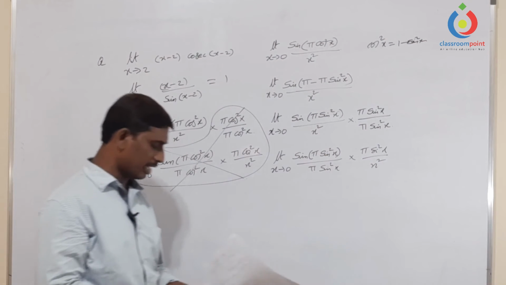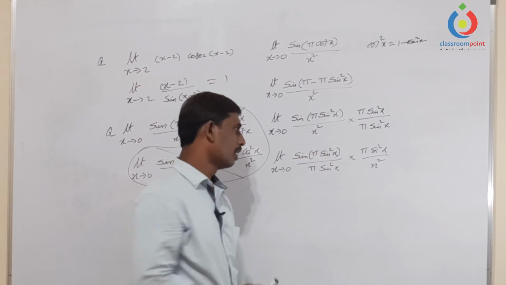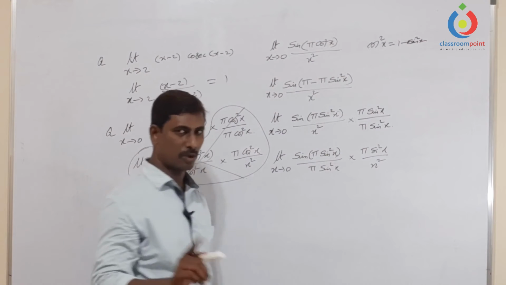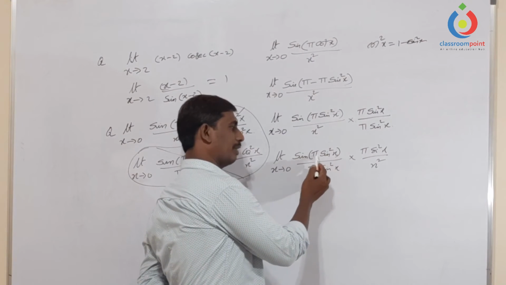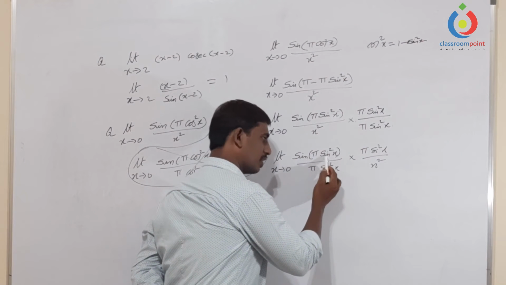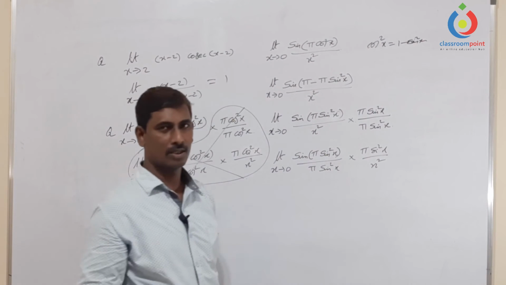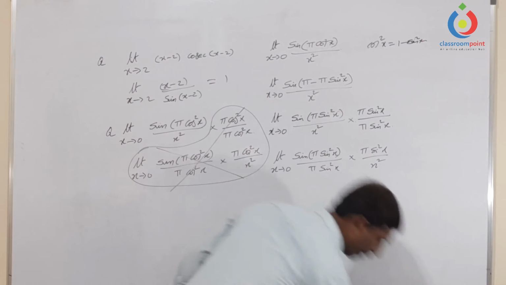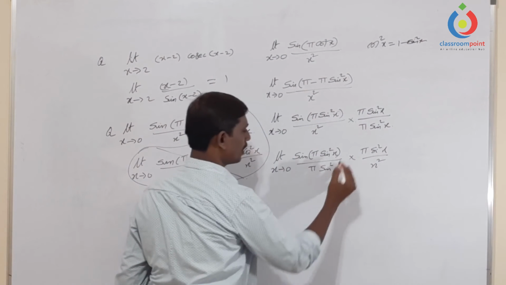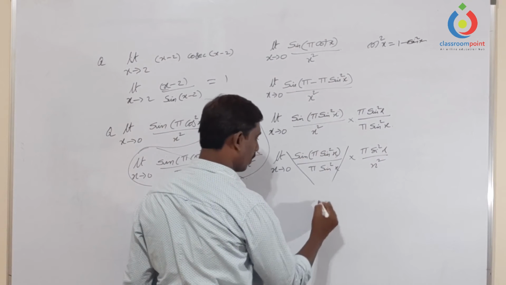Sir, here also we need to check. Yes, compulsory, same by same. First point, in the place of x apply 0, sin 0 is 0, 0 into pi is 0. So sin of 0 by 0 is equal to 1. This is totally equal to 1.